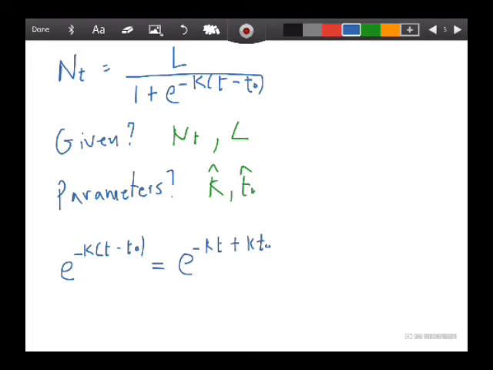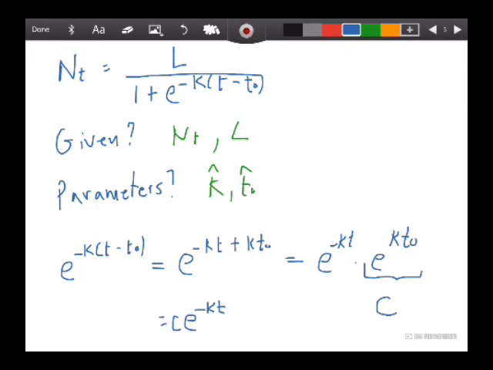And we know that this is the same as e to the negative k t times e to the positive k times t0. And e to the k times t0 is just a constant that is not changing with time, so we can call this c, a constant. So the whole expression in the denominator, e to the negative k times (t minus t0), is nothing but e to the negative k t times a constant c.